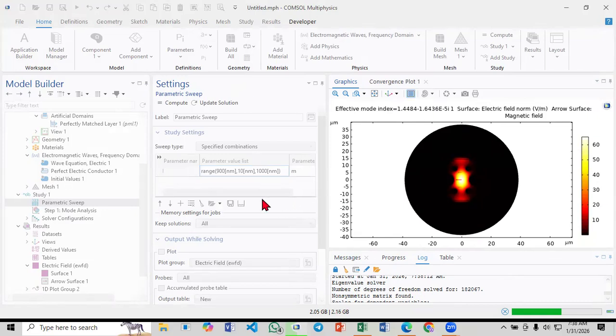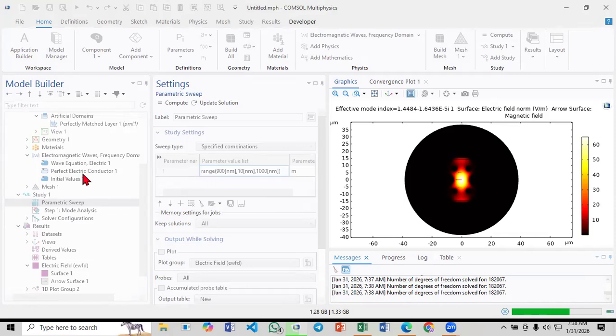I'm not changing anything behind the scenes actually. So if you are facing any problem at the time of simulation, please verify and check again and again your values of parameters and geometries or materials.